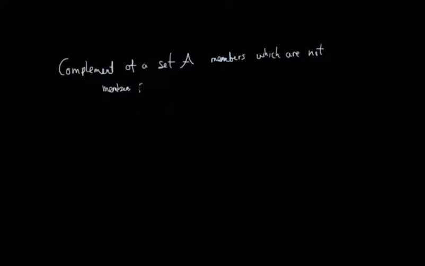We're going to look at something called a complement of a set A. Those members which are not members of A are called the complement, and we call it A dash. So that might be clear as mud, so I'll show you what I mean.